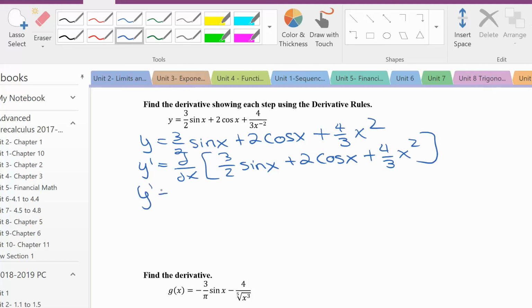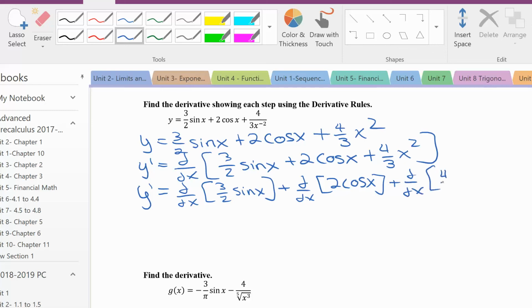So remember, that means we can take the derivative separately of all of these functions.